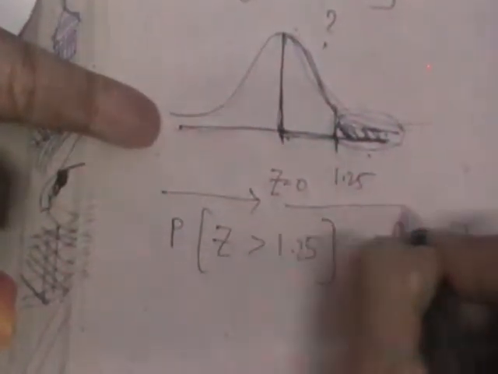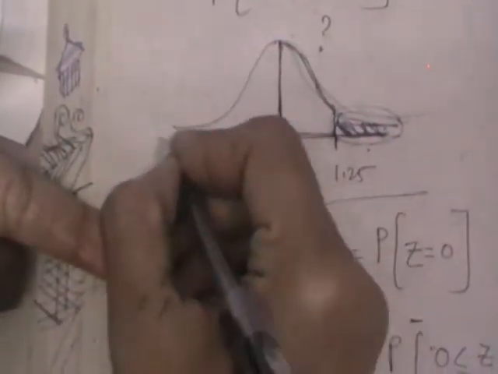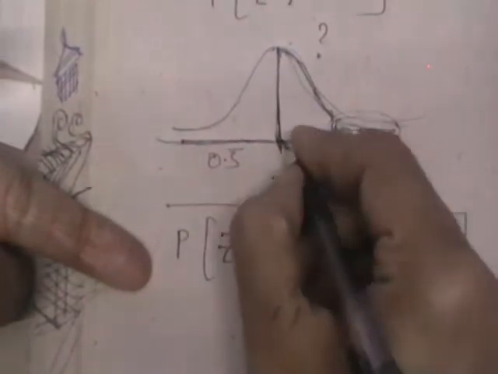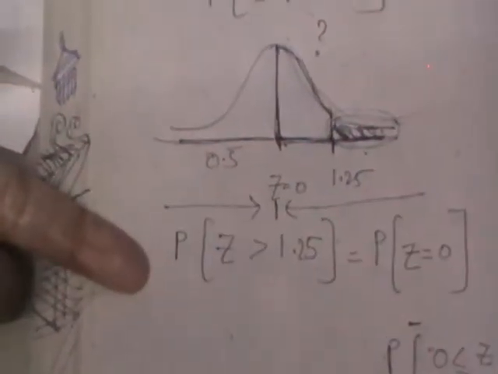As the entire area is always 1, and these are two equal parts, the entire left tail is 0.5 and the entire right tail is 0.5, so it is 0.5 minus probability of 0 less than Z less than 1.25.